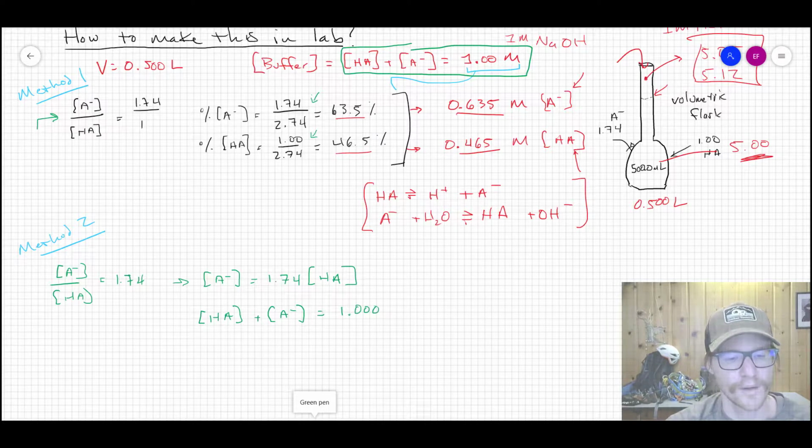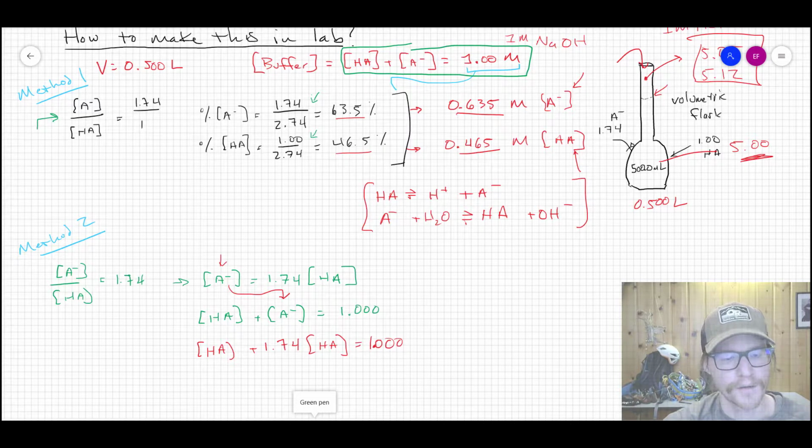So I have two equations, I have two unknowns. I can solve these two things substitutionally. Easily done. Maybe in this case I could just grab this A minus, since it's already solved for A minus, and insert it here. And so what I get would be HA plus 1.74 times HA is equal to 1.00.